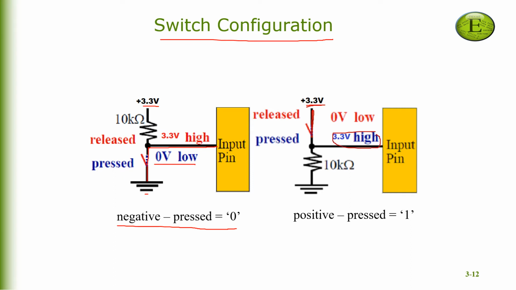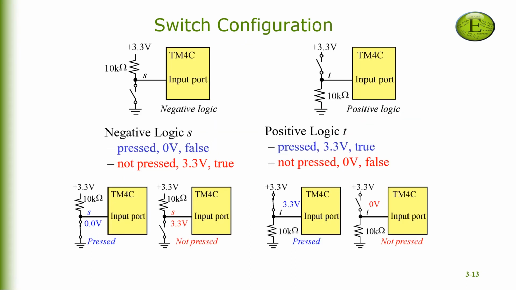So the switch press corresponds to high voltage in case of positive logic, and the switch press corresponds to low voltage in case of negative logic. This can be further illustrated with the help of the status of the switch. Again, you can use negative logic based operation, or you can use positive logic based operation.